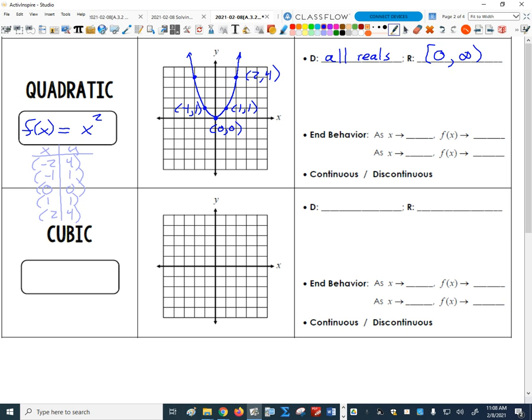Okay. What about the end behavior? As x approaches infinity, if the ant goes to the right forever, the function is carrying him up forever. So as x approaches infinity, y or f of x approaches infinity. Fill in the blank for me on this one. Type it in chat, please. As x approaches negative infinity, what's f of x approaching?